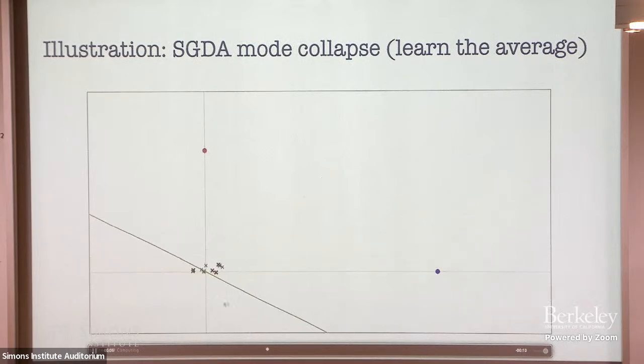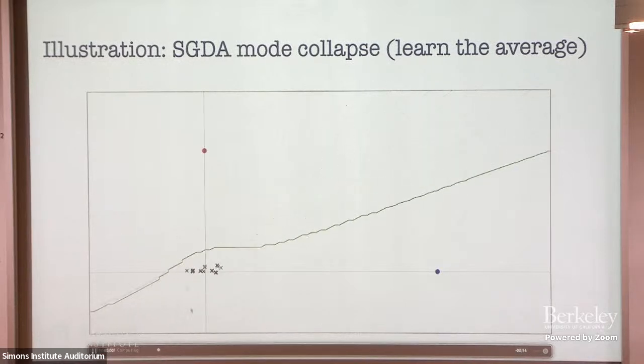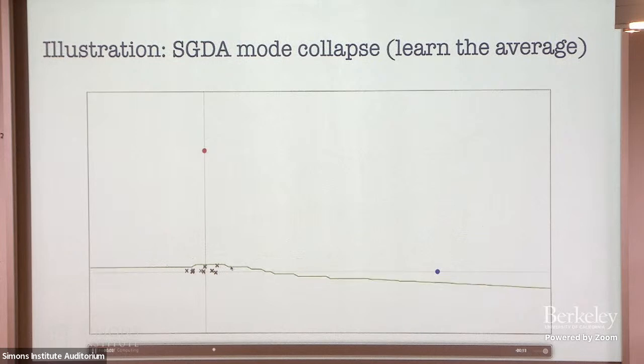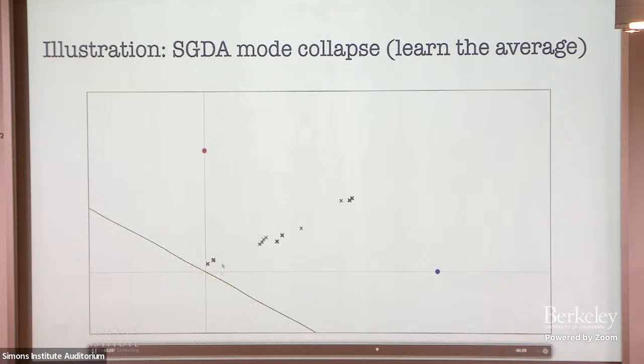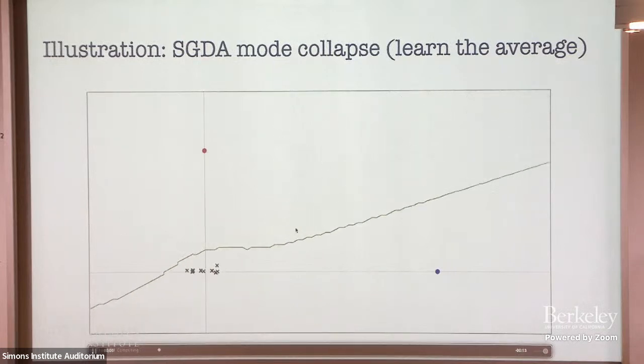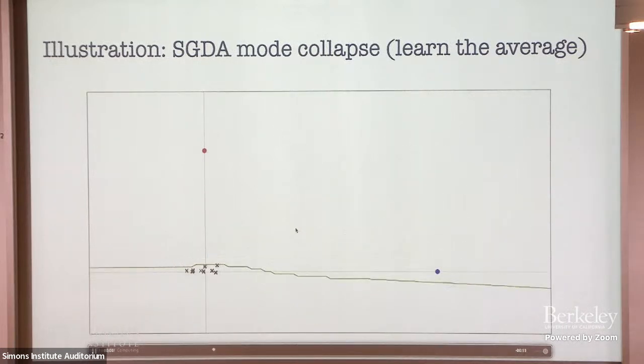In green, this is the decision boundary of the discriminator. Something to notice in GANs is that the generator only gets signal from the discriminator. So the only signal that these data points will get comes from the decision boundary of the discriminator. If it has converged to something linear and directed by U1 plus U2, you cannot learn anything else. That's the spirit of the proof.